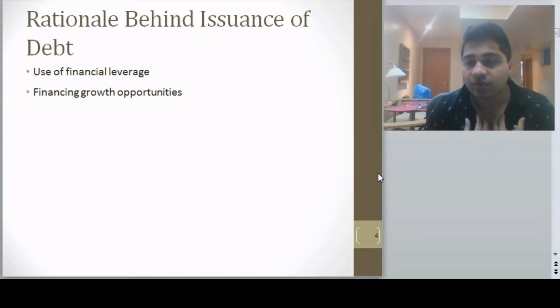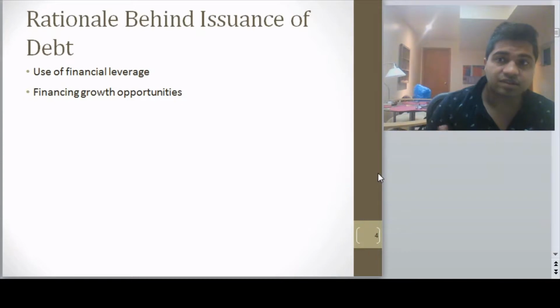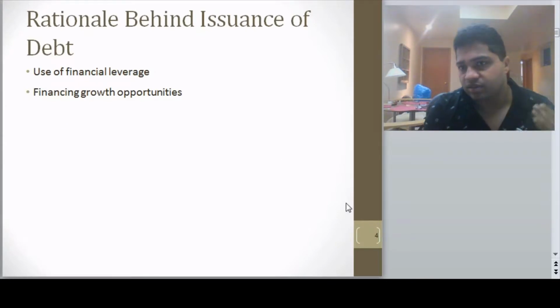My equity holders would benefit because the return is more than the cost. Companies issue bonds to take advantage of financial leverage. They also issue bonds to finance growth opportunities, such as growing into different products, increasing the capacity of production, getting into different product lines or different geographical markets. Most of it is funded by debt issues.